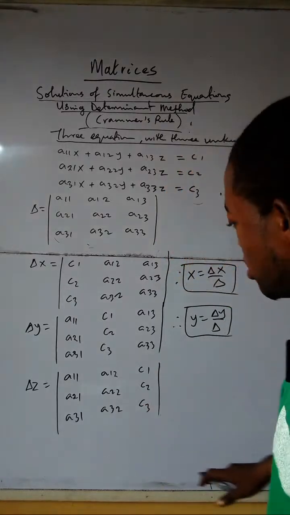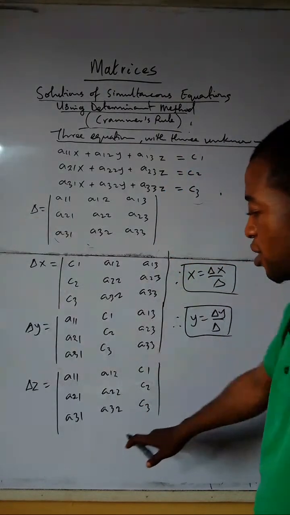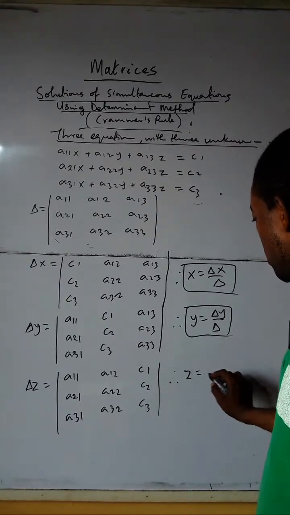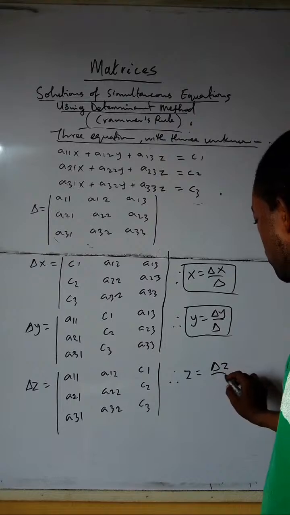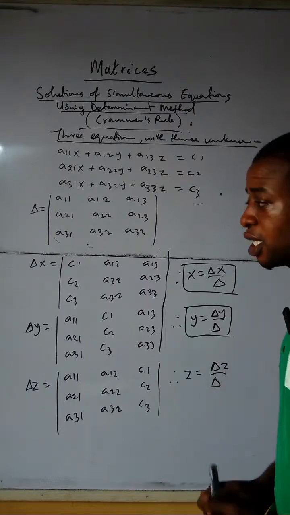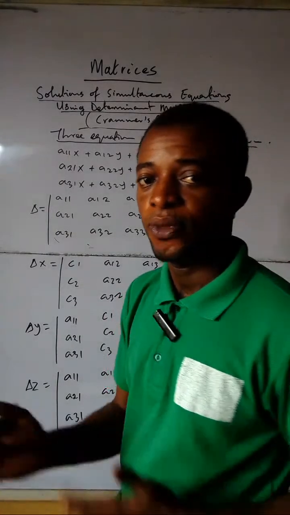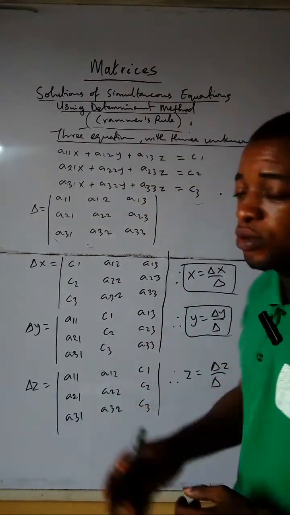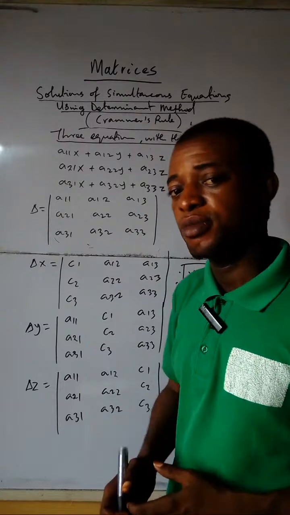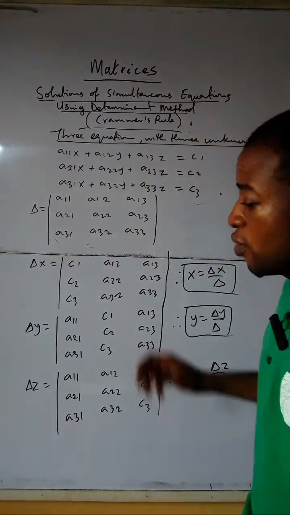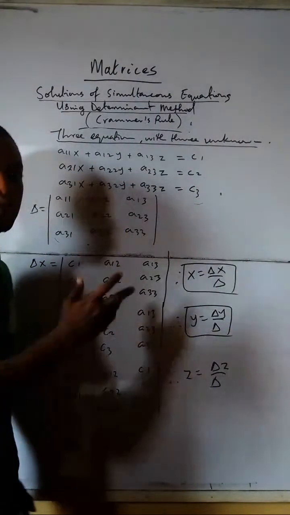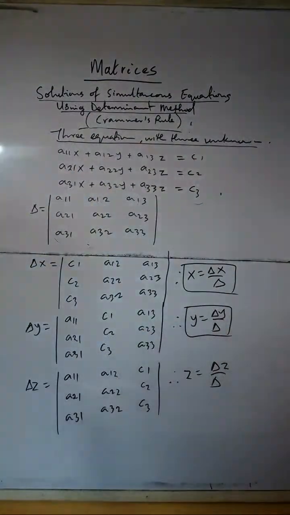We evaluate this determinant, the determinant with respect to z. So therefore, z here will be equal to the determinant with respect to z over the determinant. So this is the general way of handling three equations with three unknowns using Cramer's rule, the determinant method. So very quickly, we can demonstrate here with some examples.